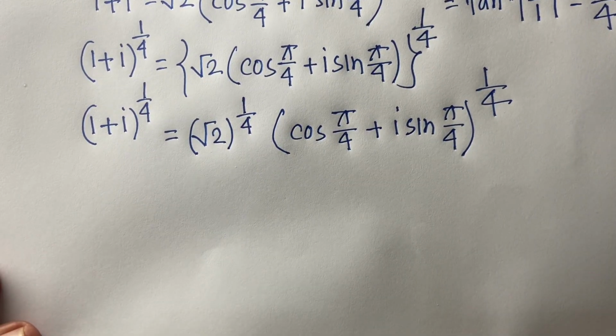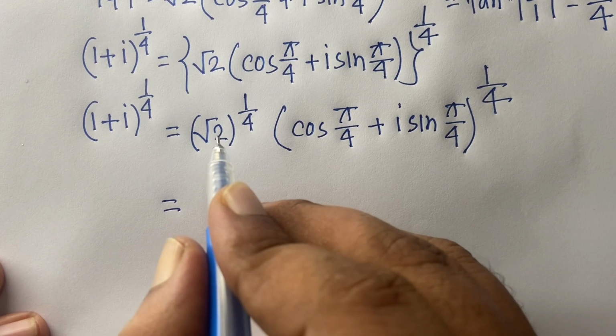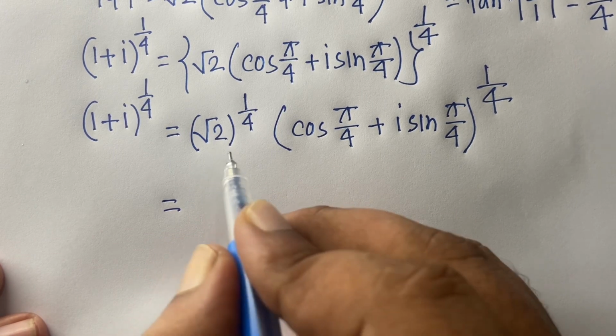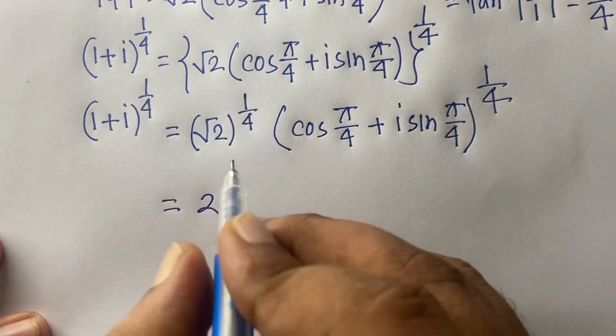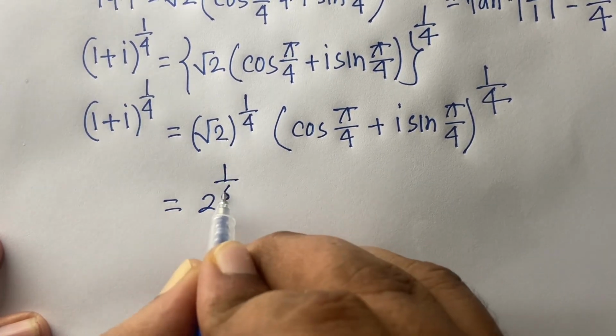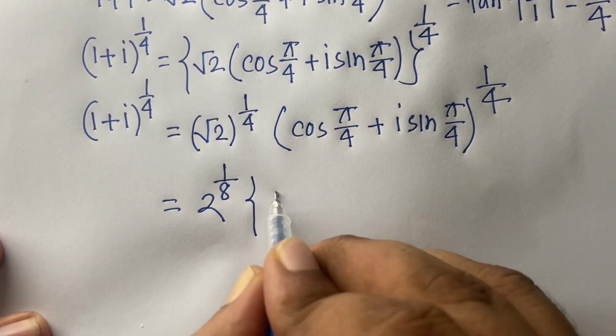You know that square root 2 is 2 to the power half, so 2 to the power half times 1 over 4 is 1 over 8.